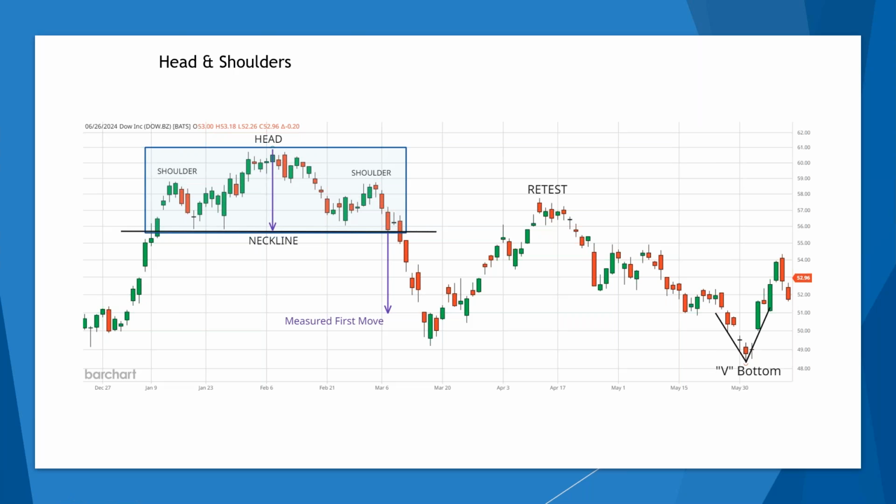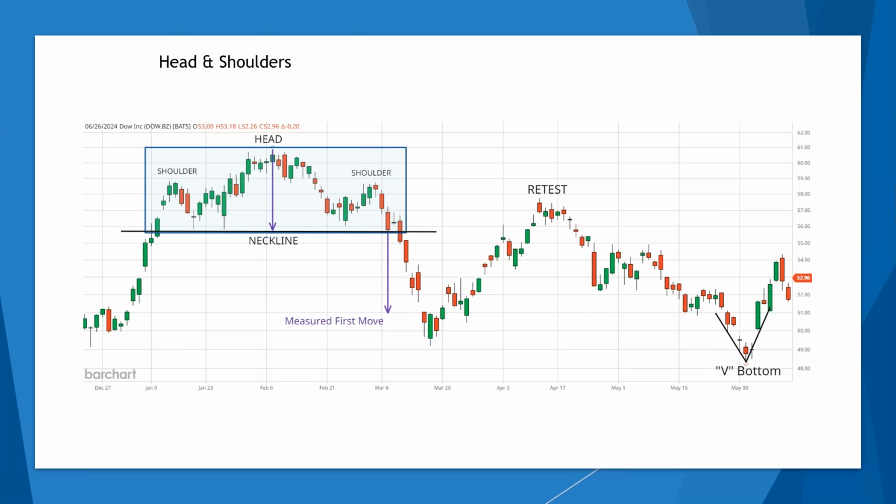Now, this pattern itself might not be optimum for a shorting opportunity for several reasons. First of all, you have to be right on the timing when we break the neckline. And there might be too much risk to reward, or you might endure a false breakdown.